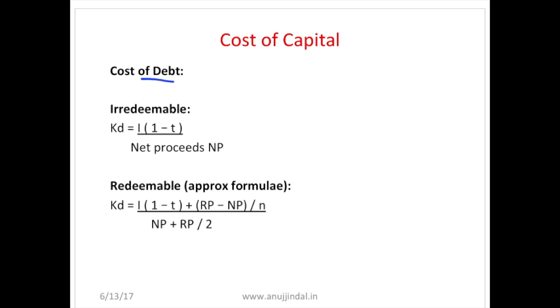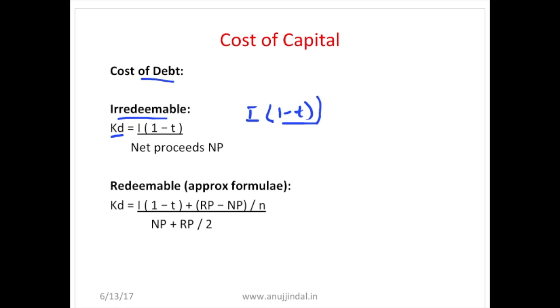If we have to find out, in a question, the cost of debt which is irredeemable in nature, then the formula is Kd, which is cost of debt, is equal to I, the interest rate which the firm has to give out if it is issuing a particular debt to the investor, times (1 minus T), where T is the tax rate.